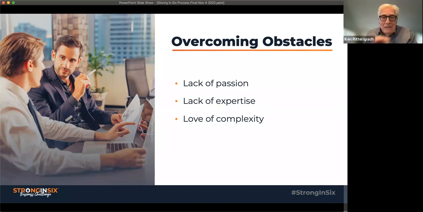Okay, great, good timing. So I'm going to pick back up on where I was on the slides, the love of complexity. At the other end of the spectrum, you're going to get people in your company that love complexity, high fact finders, and their tendency will be to keep things way too complicated. And the problem with that is it just bogs things down and it doesn't make them sustainable.